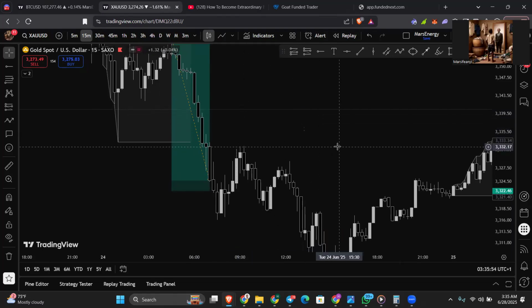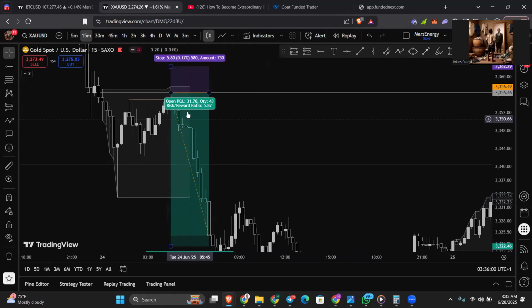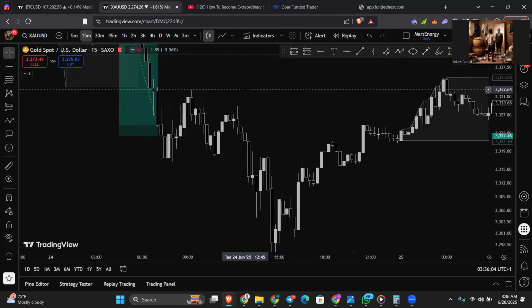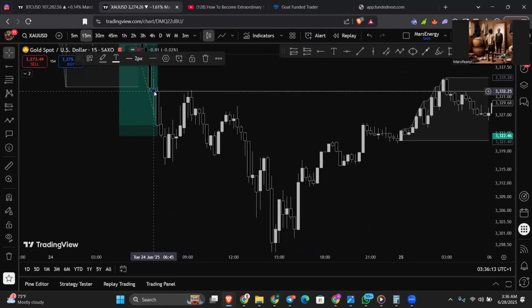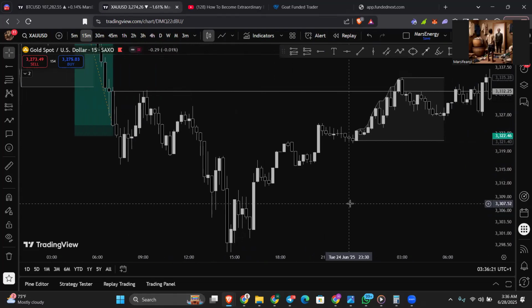So also you can pick continuations. Maybe if you miss this first move, if you're on the 15 minutes or even 5 minutes, you can pick continuation. So here we have another open and close key level, right? You see that price touched it and dropped. So all of these are moves on Tuesday.